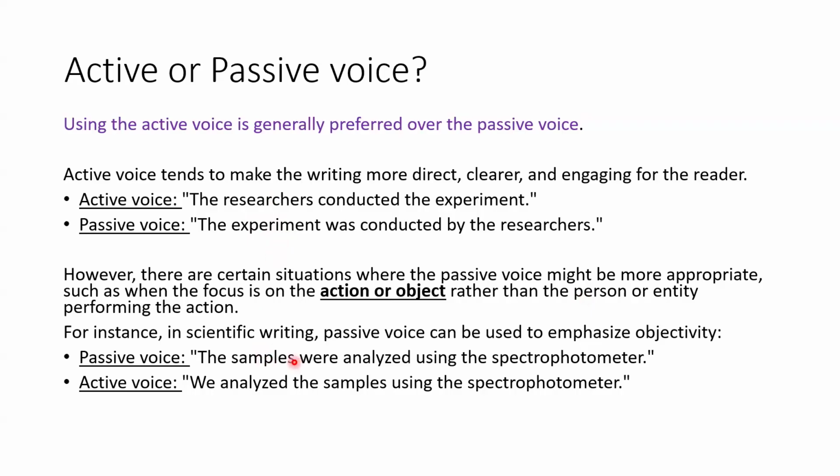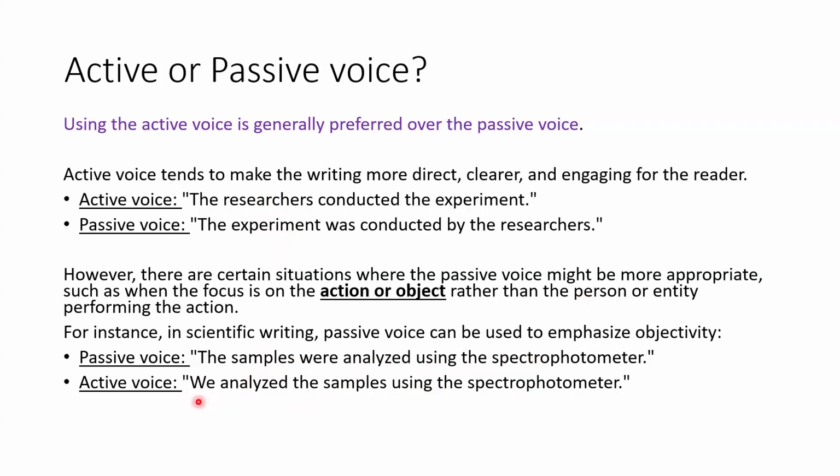So, for example, the samples were analyzed. The active voice will be, we analyze the samples using a spectrophotometer. Passive voice will be, the samples were analyzed using a spectrophotometer, because we is not relevant here, right? The relevancy is the samples. Samples were analyzed using the spectrophotometer, right?